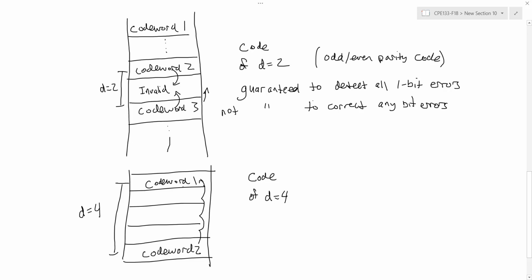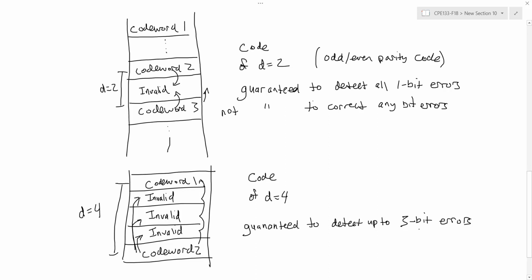Change 4 bits to change any code word into another valid code word. And in between any two valid code words, I have 3 invalid bit combinations. So what this means then is that if I have a single bit error, 2-bit errors, or even 3-bit errors, I'm still going to be able to identify that that's an incorrect combination and detect an error.